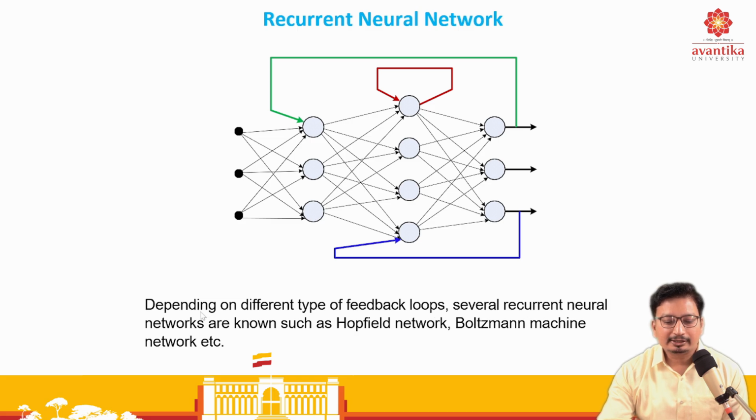Several recurrent networks exist, like the Hopfield network or the Boltzmann machine network. These are some examples of the recurrent neural network in which we have the facility to give feedback to the previous layer. And what is the importance of this feedback? So that they can update their weights and we can obtain the desired output which we want from our input values.